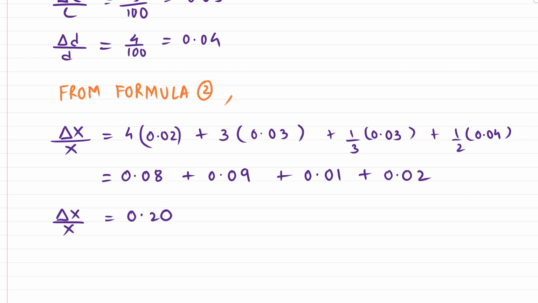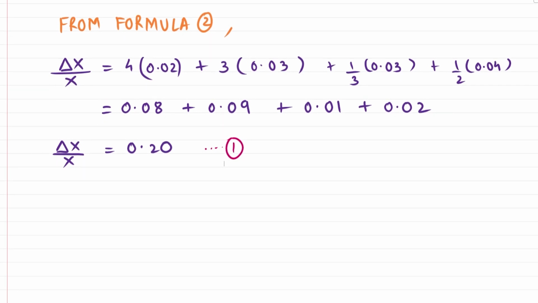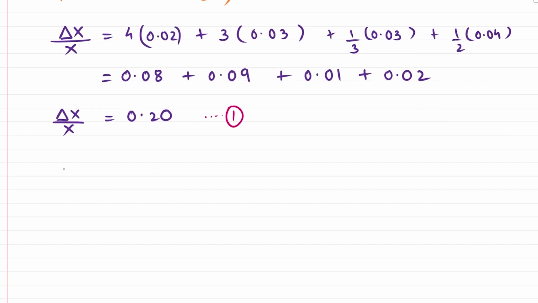Now that we have calculated the relative error in X, we can calculate our percentage error for X by simply substituting the value of relative error in formula number 3. So I can say from formula 3, we get the value of percentage error.